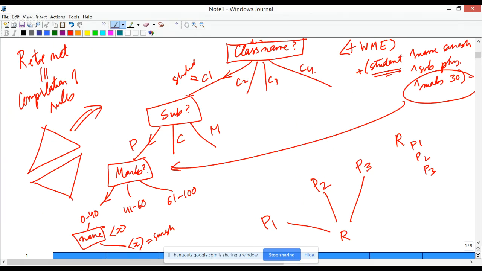So if those three tokens which match this particular rule are thrown into the network, so one could be, for example, this student token, and the other tokens could be something else, maybe age of the student or some other information. Maybe one token could be cutoff marks for various things and so on. And once you get those three tokens here, then we say that this rule goes into the conflict set essentially.